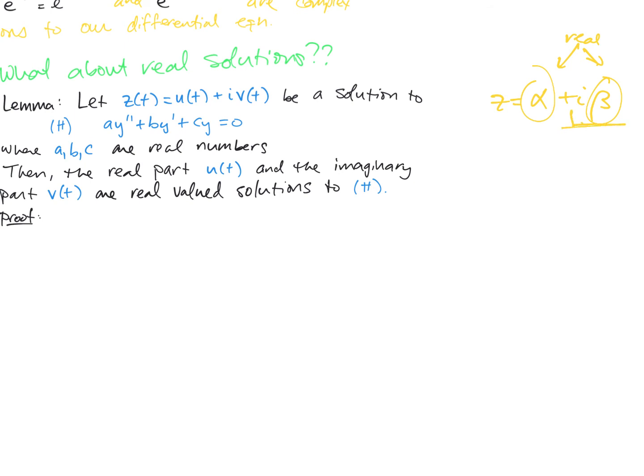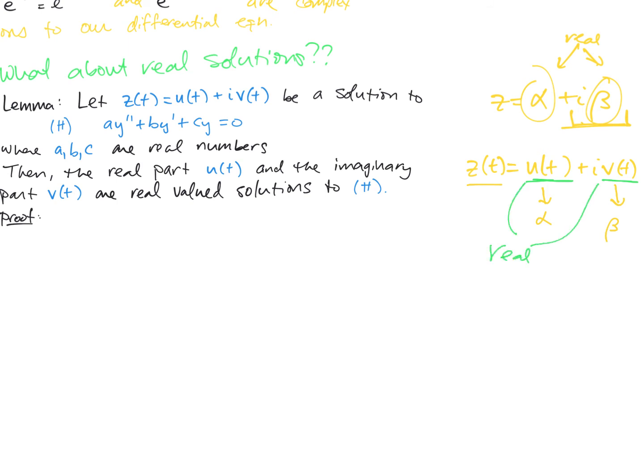The i beta is the imaginary part because it's got an i in it. Similarly, every complex valued function z of t can be written in the same way, u of t plus i v of t. If z of t spits out alpha plus i beta, then u of t will spit out alpha and v of t will spit out beta. So that means that these two functions are real valued.